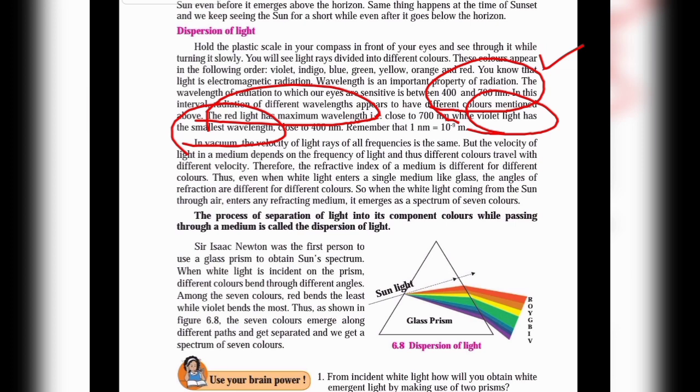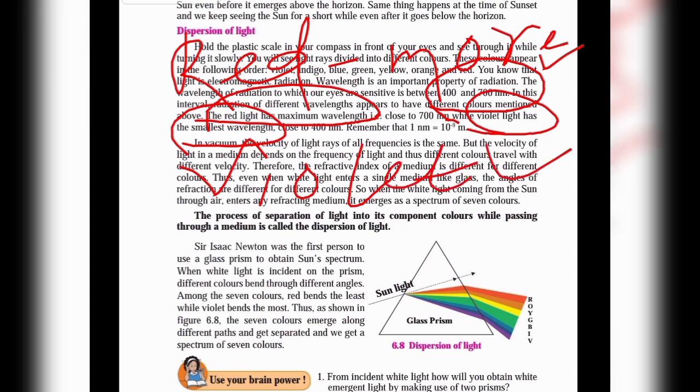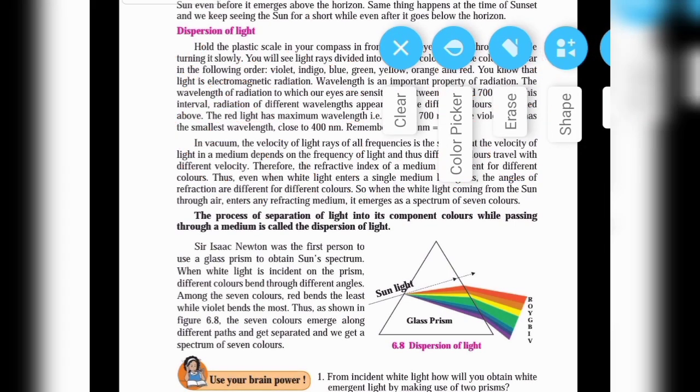That means red has more wavelength, and violet has small wavelength. Okay, remember these points are very important.